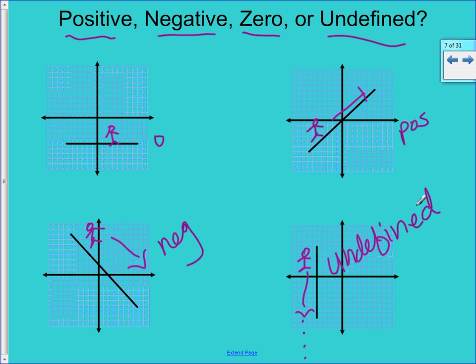I also know it's undefined. It's an undefined slope because it's not even a linear function. It's not linear. Remember, we just identified that.